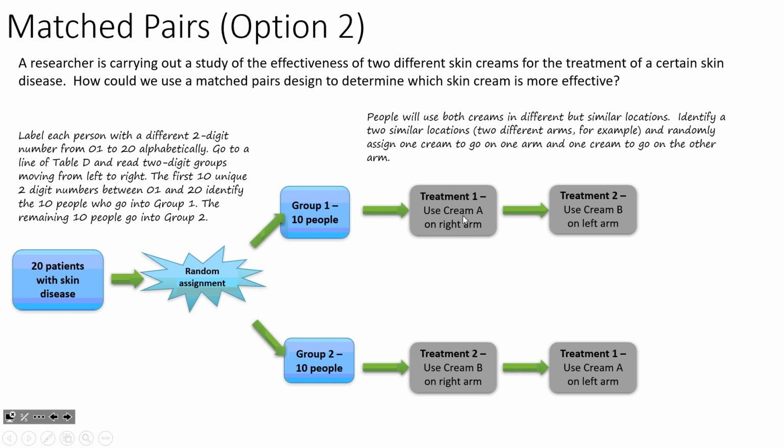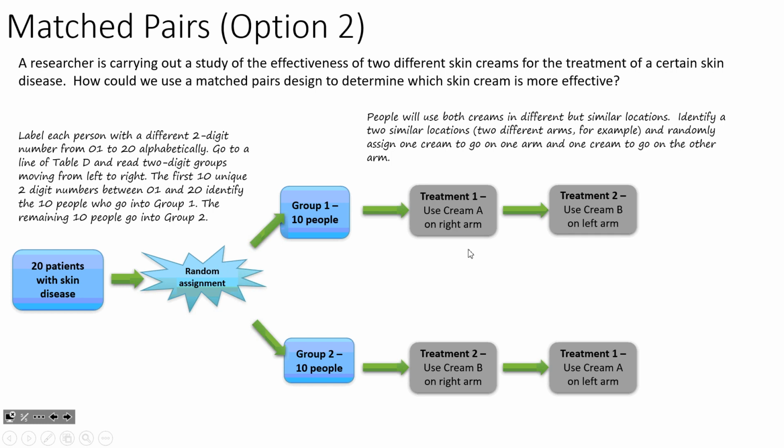So I could have each person use cream A on one arm and cream B on the other arm. But I would still randomly allocate the people into two different groups because I would want to randomize.